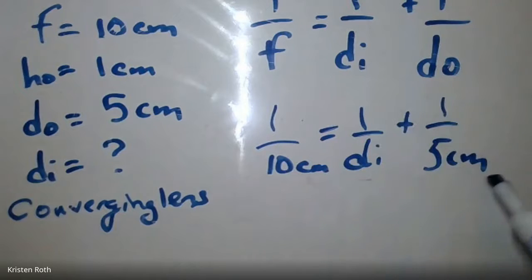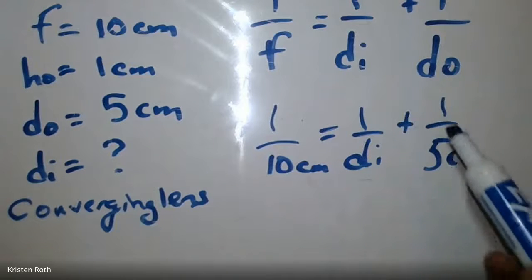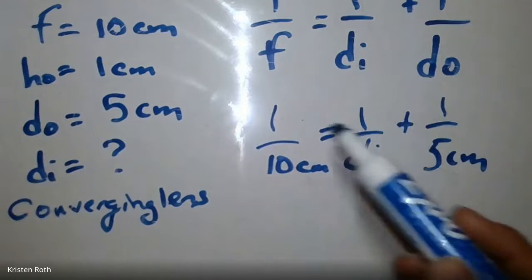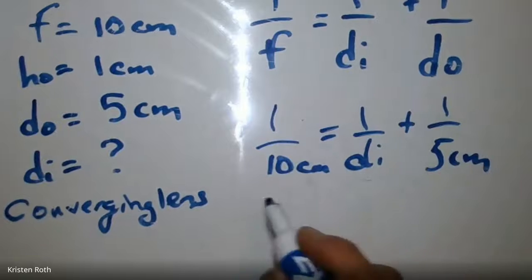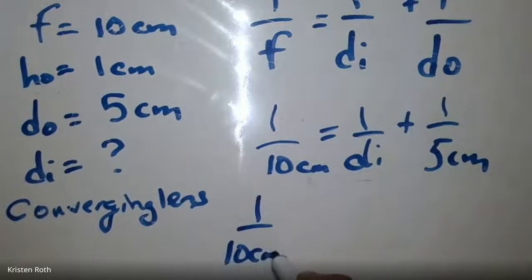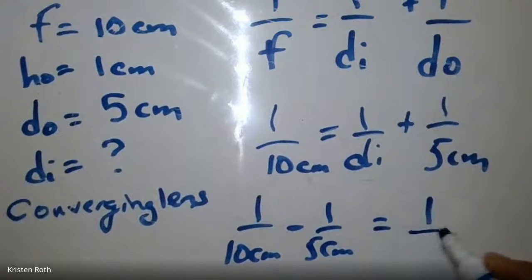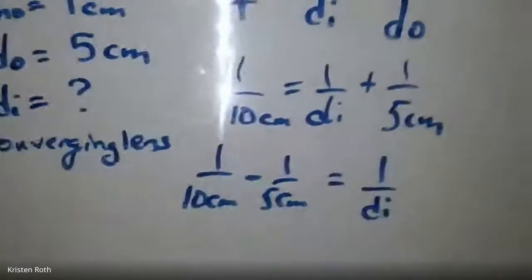So we have to get rid of 1 over 5 centimeters. It's adding, so to get rid of it, we need to take it away. But whatever you do to one side, you have to do the other. So it's going to end up being 1 over 10 centimeters minus 1 over 5 centimeters equals 1 over DI. Hopefully you're following me so far.